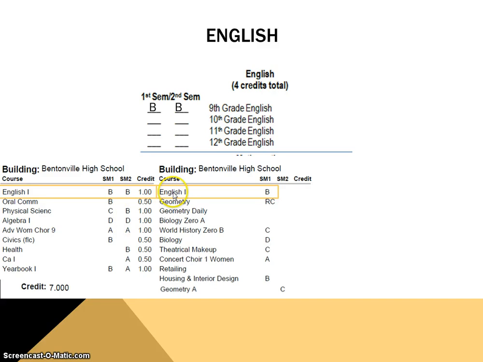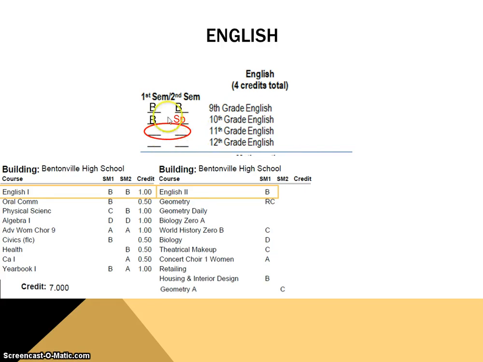For English 2, this student completed sophomore year, the first semester, the semester we just finished, English 2, and made a B in the course, and they would be, because English 2 is a year-long course, enrolled in a second semester course right now, and they have not yet earned credit, but they are enrolled, so we're going to put a placeholder for spring just to indicate that the student is working towards that credit.